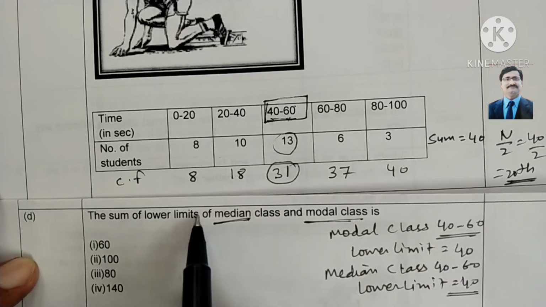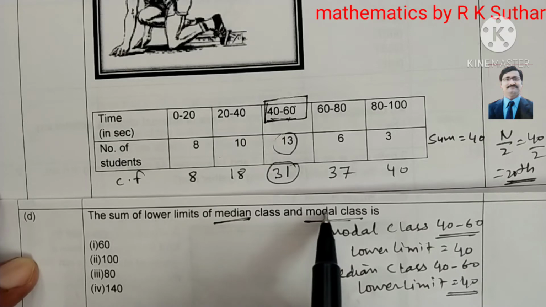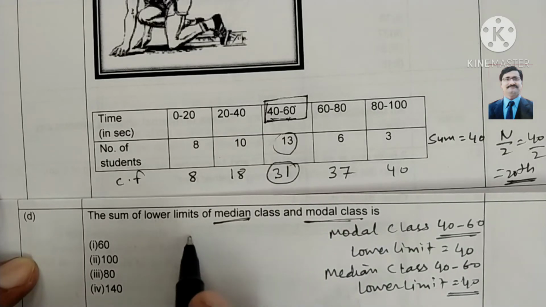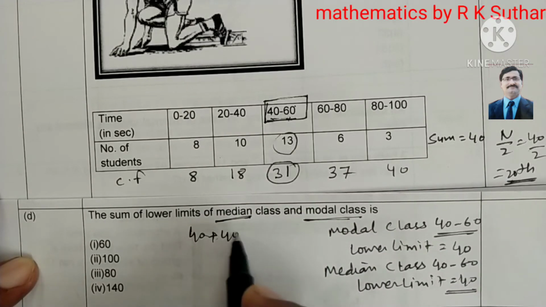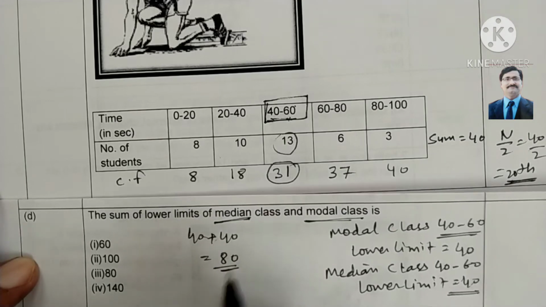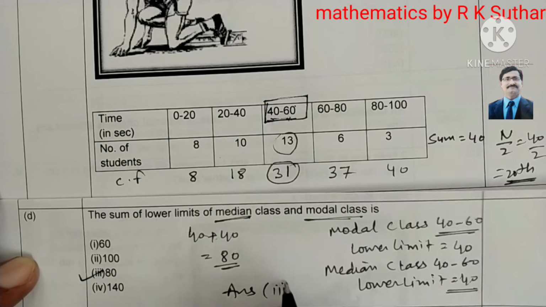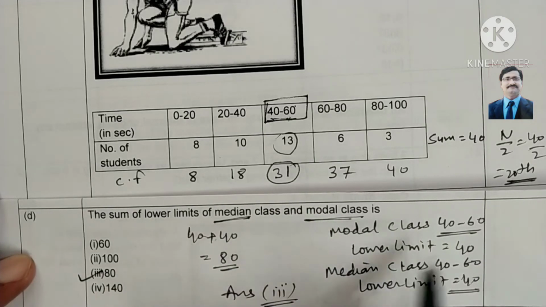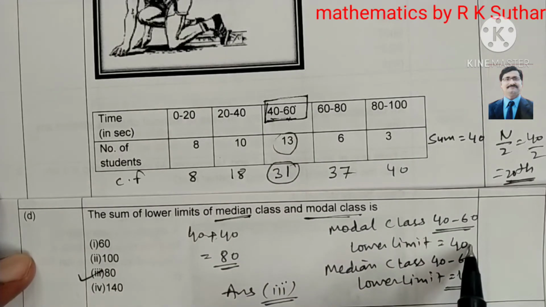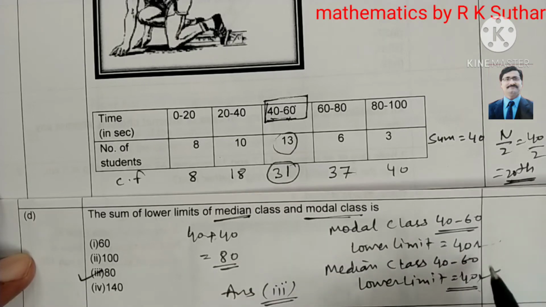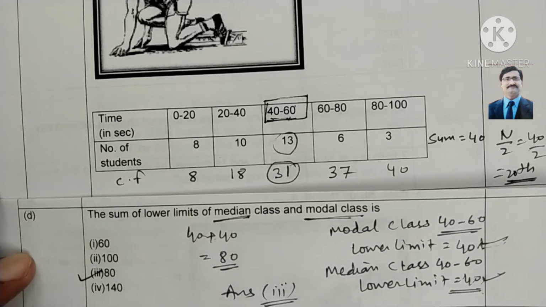Now we have to find the sum of the lower limit of the median and modal class. So 40 plus 40 is equal to 80. So 80 is the answer. Here the answer is third. All of you understand? Because the median and modal class is the same, 40 to 60, and the lower limit of both is 40, the sum will be 80.